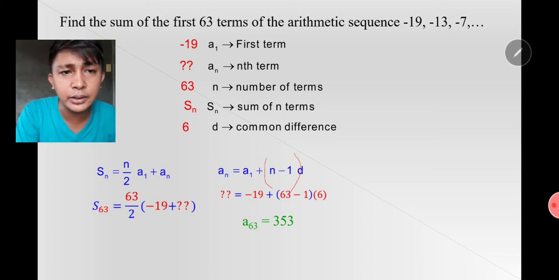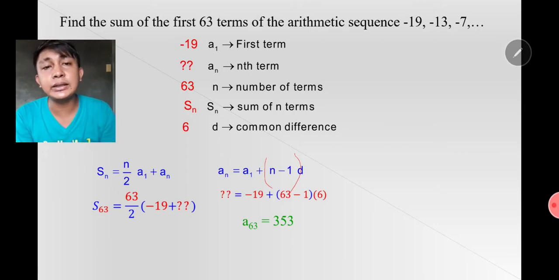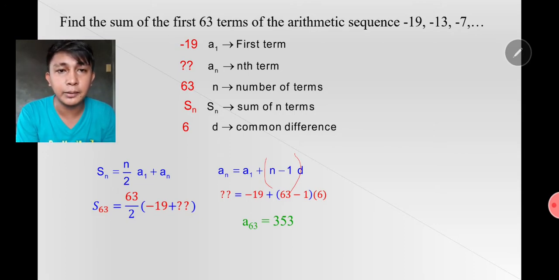So we arrive with a sub 63 be equal to 353. So now, pwede na natin siyang maisalpak sa ating formula. Si S sub n kasi unknown. Hindi naman pwedeng dalawang unknown para masagot. Siyempre, isa lang dapat. So, kailangan i-substitute na natin si 353 dito.